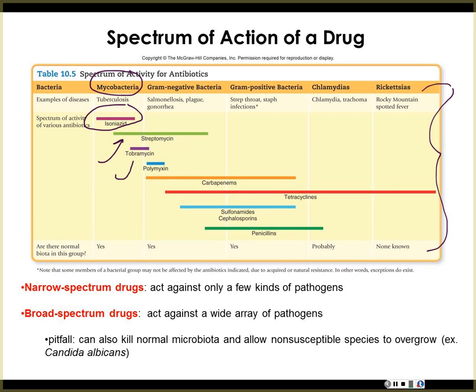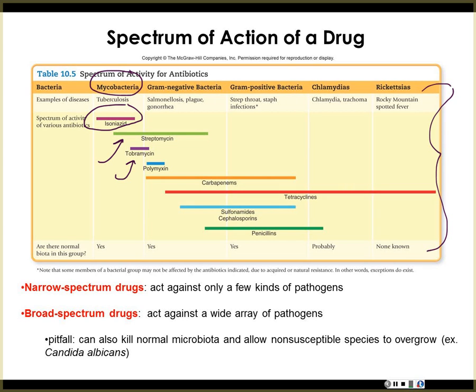There's another one, tobramycin, that can work against some strains of TB, but it's pretty limited. We don't have a lot of drugs that work against Mycobacterium tuberculosis. Remember that waxy cell wall? They have that special barrier, and that's preventing entry of most of the drugs that we do have.